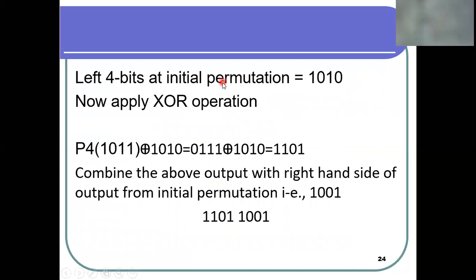So dear students, I take the left of the initial permutation, that is 4 bits, 1010, then XOR with the output of P4, that is again 4 bits, 1101.